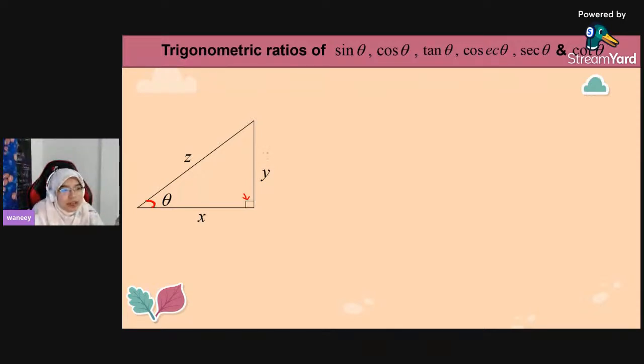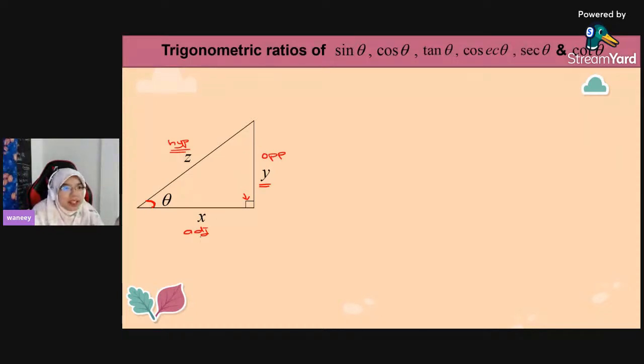The opposite of theta, I'm going to name as y. And then this one over here is something called the adjacent, or in Malay we call it bersebelahan. So adjacent, opposite, and this is the hypotenuse.